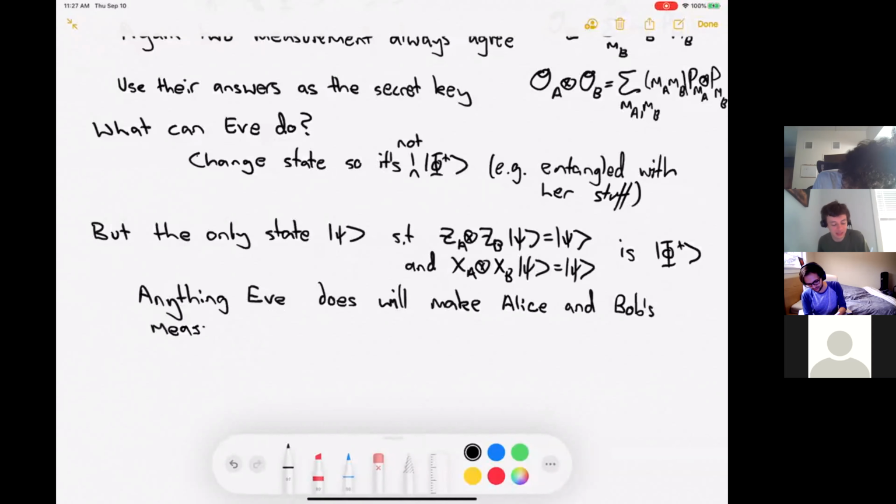So anything Eve does will make it so that their measurements don't always agree.